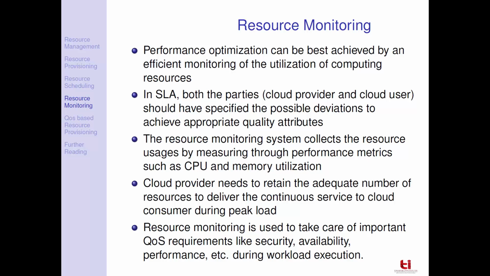This has to be specified in the service level agreement, and this is important to achieve the appropriate quality attributes. The resource monitoring system collects the resource usage by measuring performance metrics such as CPU and memory utilization. Then the cloud provider needs to retain an adequate number of resources to deliver continuous service to the cloud consumer during the peak load.